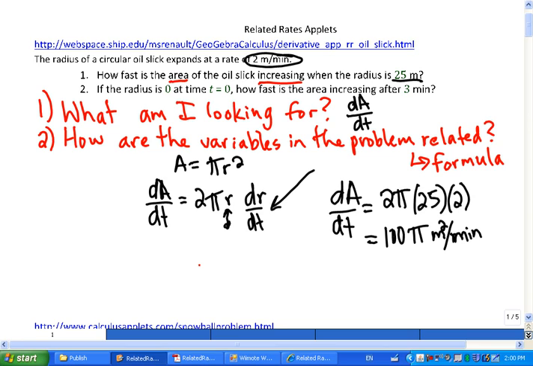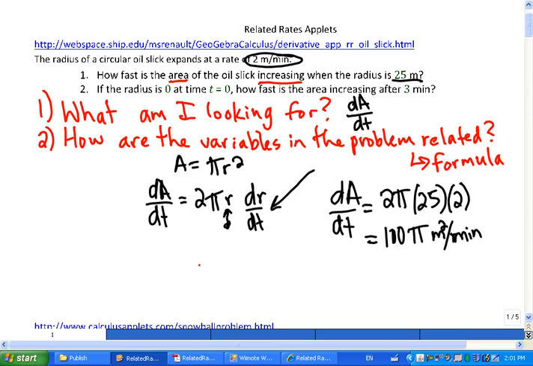The meters squared part is area, and it's changing at a unit of time in minutes. That's why there's a meters squared per minute. It's kind of weird to talk about area changing, but that's the units that we're dealing with, meters squared per minute.